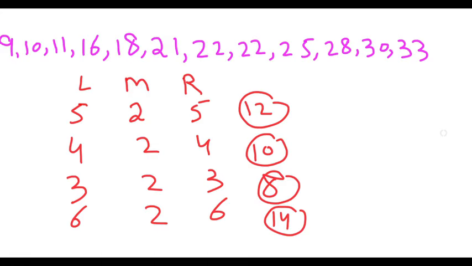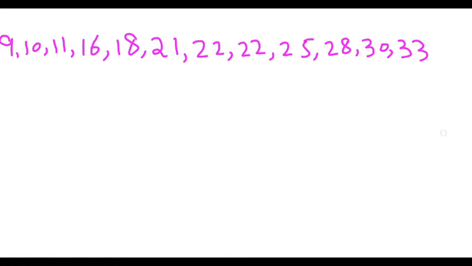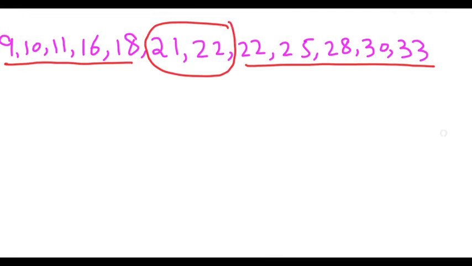Now I'll show you this method. So we got 12 values, which means left 5, right 5, in the middle must be 2. 1, 2, 3, 4, 5, 5 left. 1, 2, 3, 4, 5, 5 right. So we got 2 in the middle. So this is good.